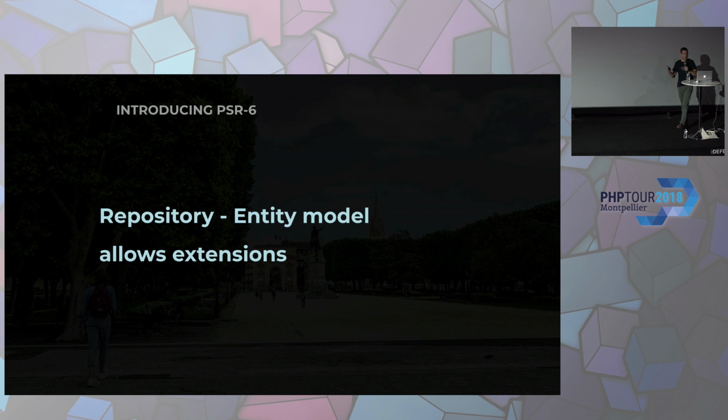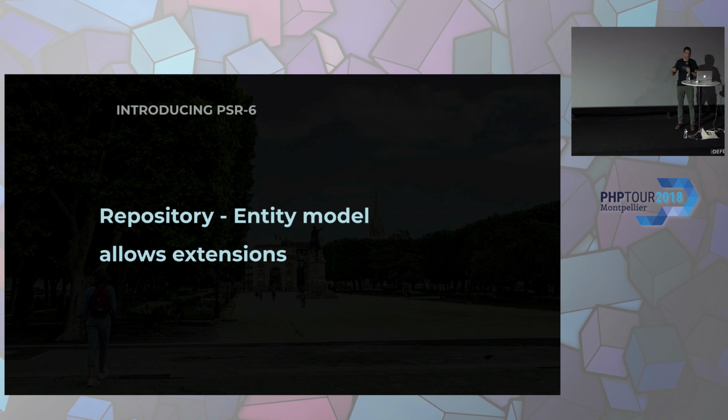So it's a repository entity model, and the reason why it's a repository entity model, it might seem a bit over complex, but it's actually to allow some extensions, and there's some applications or some caching libraries that already implement some of those extensions.